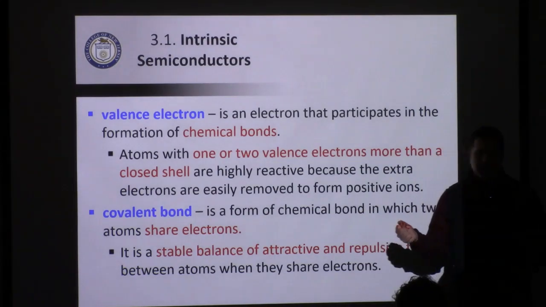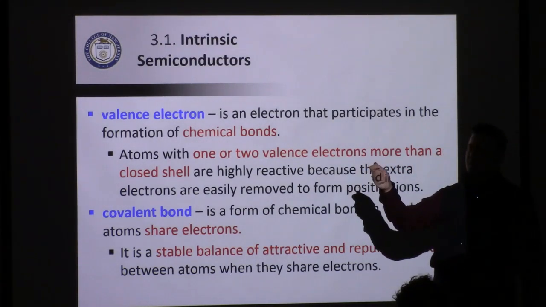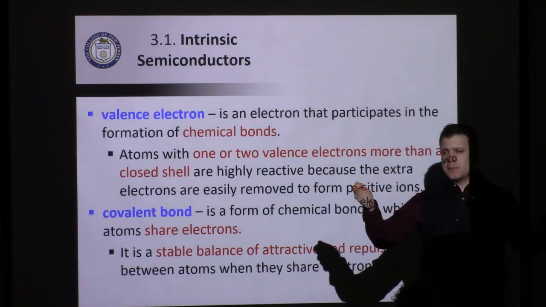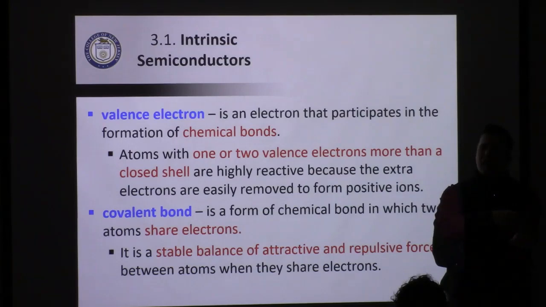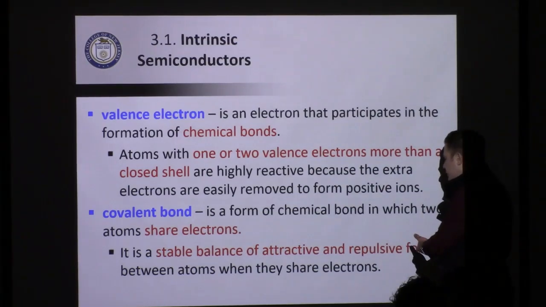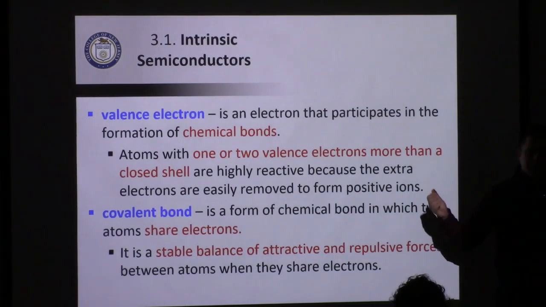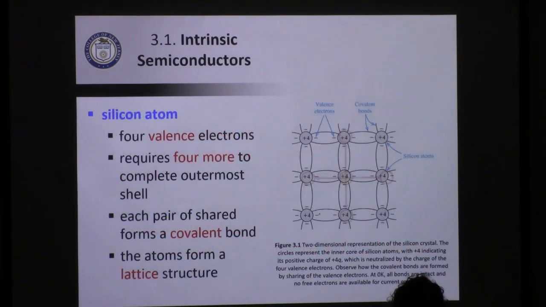So let's say we have atom A, it's missing one electron from its outermost shell. Atom B, same thing. They can form a covalent bond, share that pair of electrons, and both will have filled their outermost shell, forming a more stable balance of attractive and repulsive forces, therefore fulfilling the atom's goal in life.